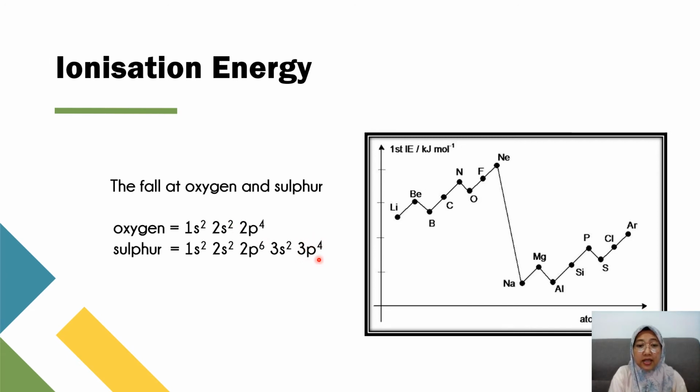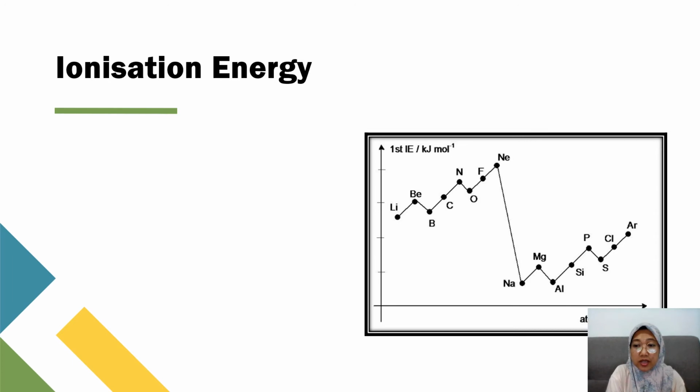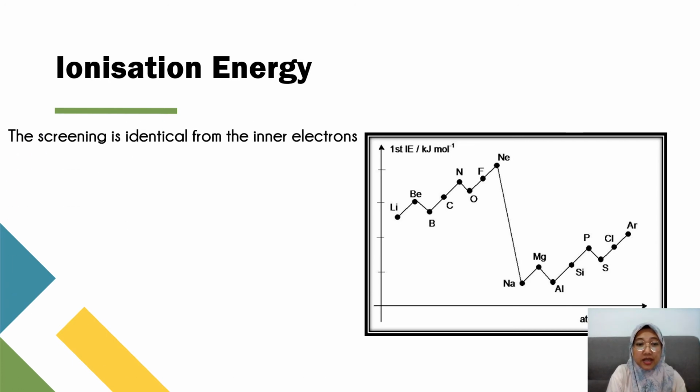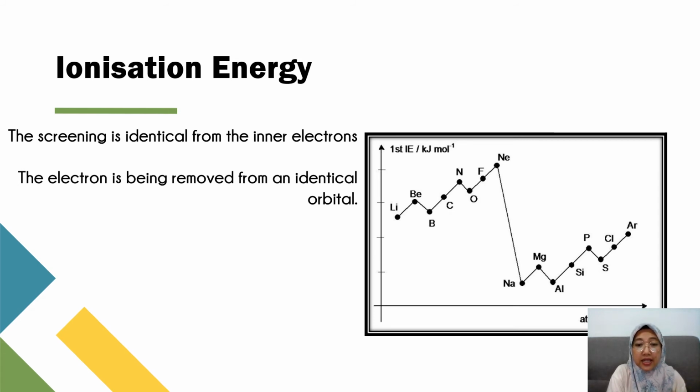But in this p orbital, we have 4 electrons. So, which one we select to remove? Here. The screening is identical from the inner electrons. Okay, the electron is being removed from an identical orbitals. Okay, ini yang saya kata tadi, ada 4 elektron dalam orbital yang sama.